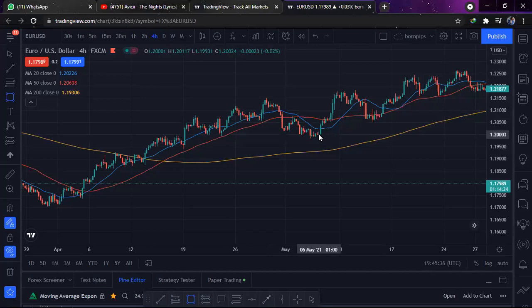But it was a false break, so price started closing above the 200 again, then it closed above the 50. So we enter again for a buy. This will be our fourth buy, from this side all the way here.